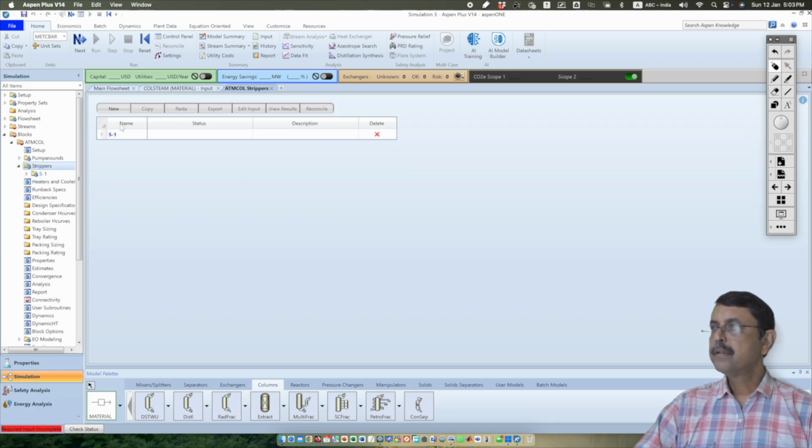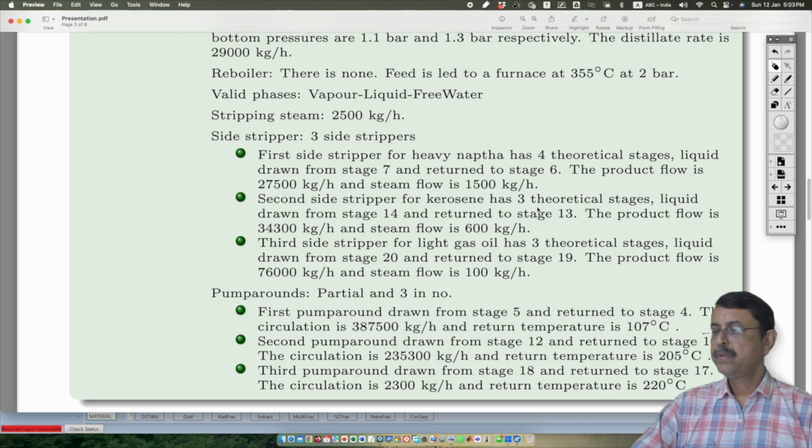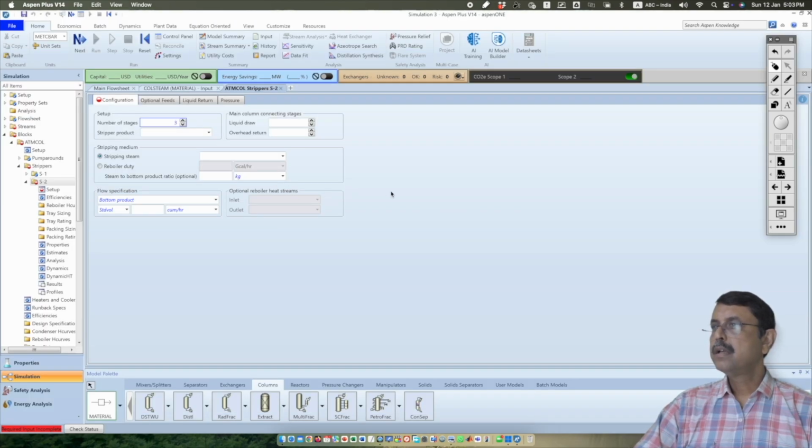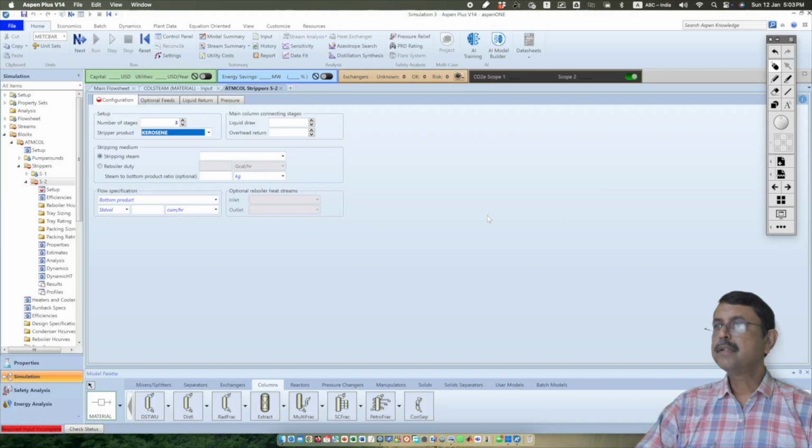Now let us enter the new stripper, and the number of stages again is 3. The stripper product is kerosene. It is drawn from the 14th stage and returned at the 13th stage, so 14 and 13 are inserted.